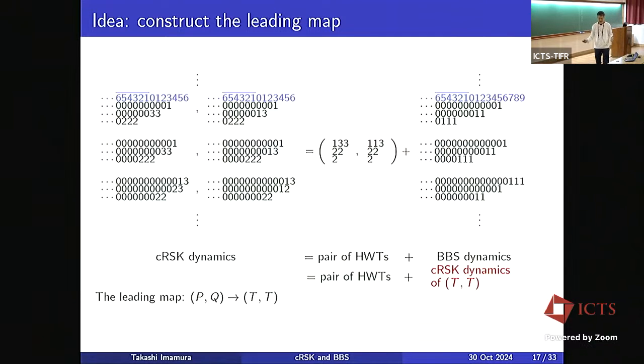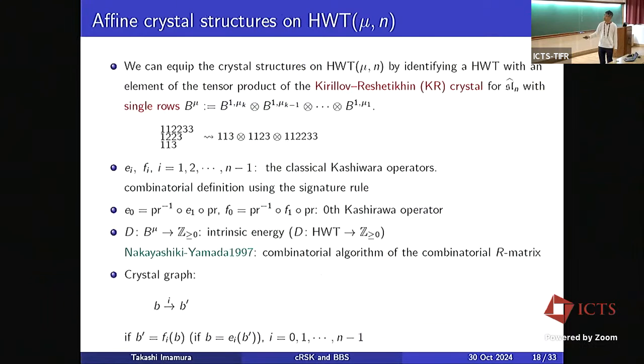But before embedding directly the affine crystal structure in PQ, we first focus on the affine crystal structures on the horizontally weak tableau. This is the same as the case of the vertical BBS case.